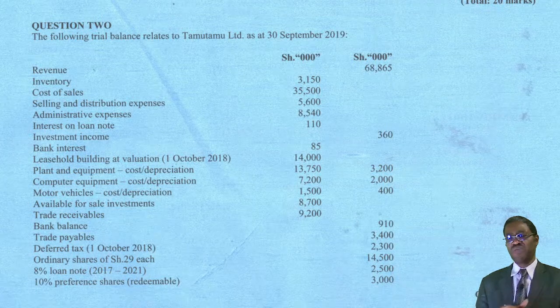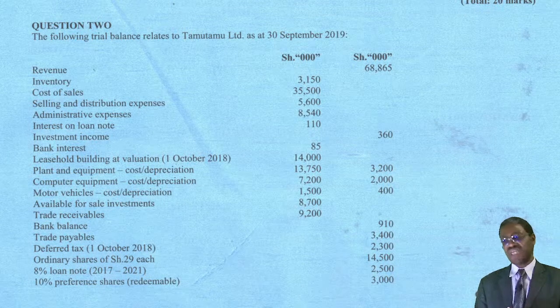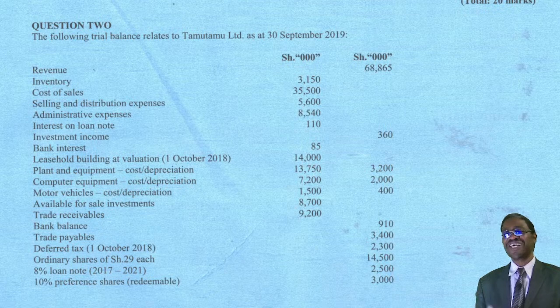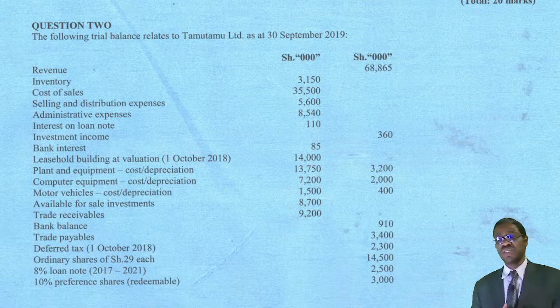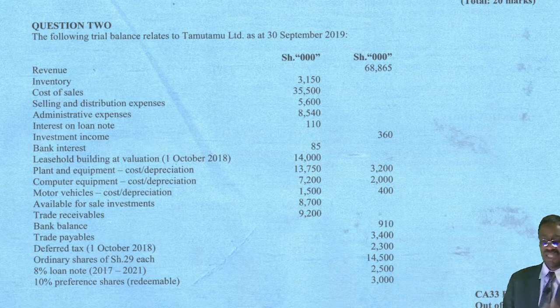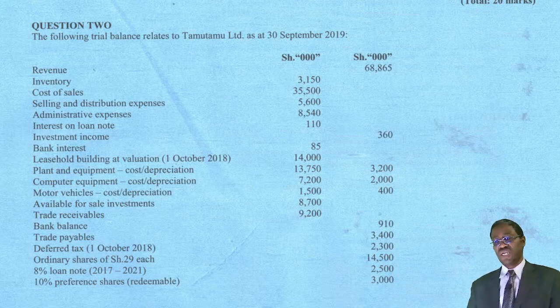That must be opening balance. Ordinary shares of 2.9 each. 8% loan, 10% preference shares, and they are what? We are told in bracket, redeemable. You can see now they are testing on the concept that I've just reminded you, that these ones are redeemable. They are not non-redeemable.